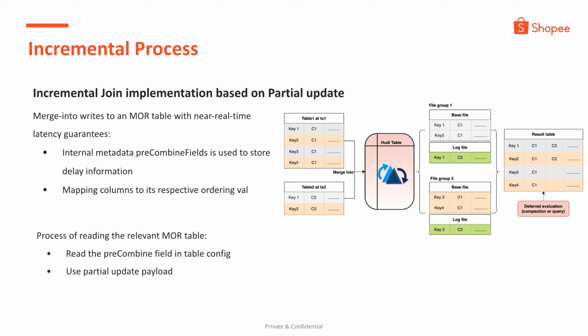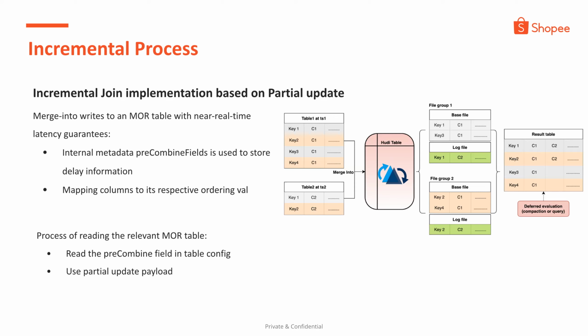I see. So you can provide essentially multiple ordering fields, or you basically just rename from each one of the sources into some other new column in your table and solve it that way? Do we use just a single precombine? For now, it's just a new column.